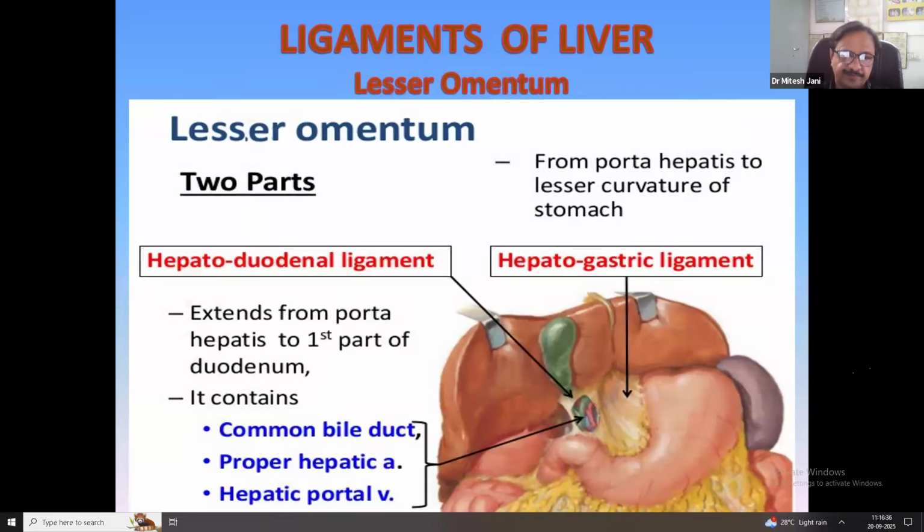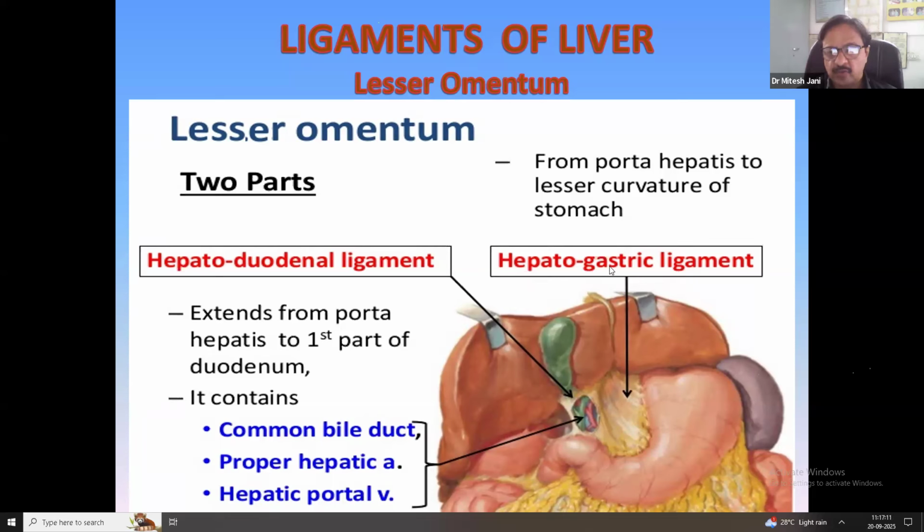Now the lesser omentum. As you know, there are two omenta, the greater and the lesser omentum. The lesser omentum connects the stomach with the liver, and that part is called the hepatogastric ligament. This is the lesser curvature of the stomach, and these are the lips of the porta hepatis, attached to each other by the lesser omentum.